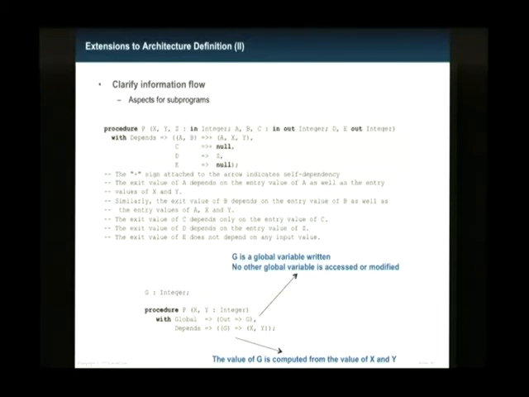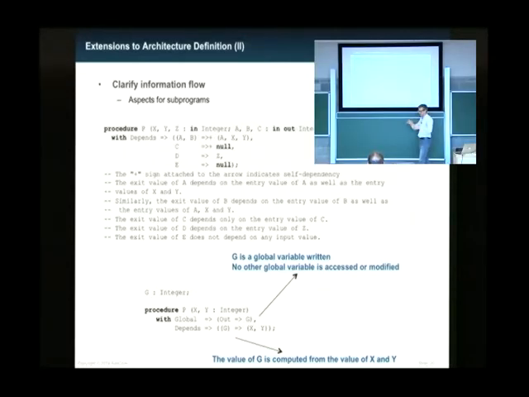But if you skip the plus, it means that A and B, for the next value, are using A, X, and Y. That's the kind of information that you can express with that. And this is a small example where you are saying that when I'm computing my new G value, which is a global variable, I am taking into account the two input variables that I'm having here. So this is how you express the flow information.